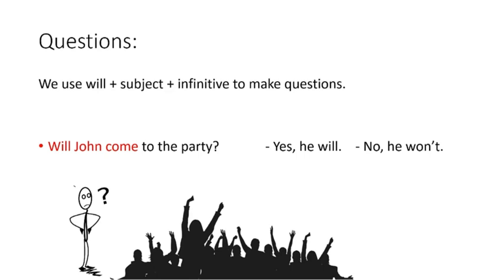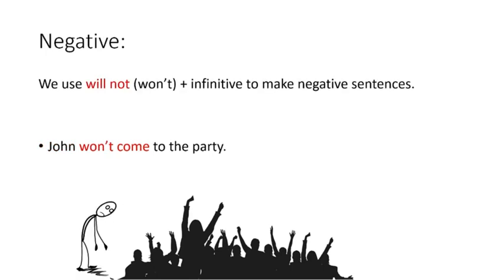Let's take a look at negative ones. Oh, John is sad. John won't come to the party. So we use will not, or its short form, won't, plus infinitive to make negative sentences. So now that we know this, let's try to practice.